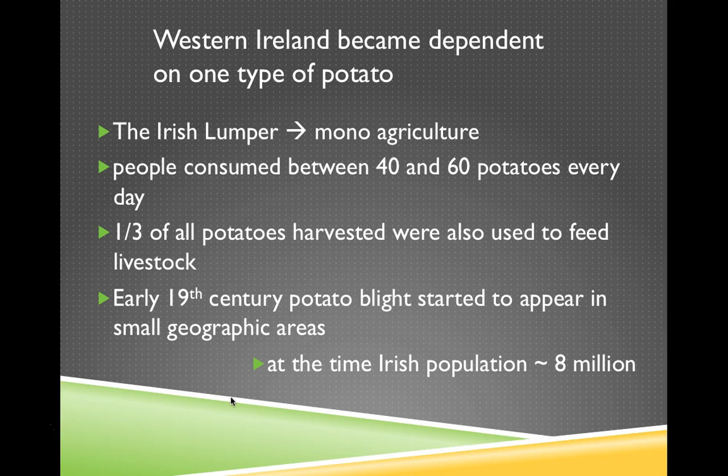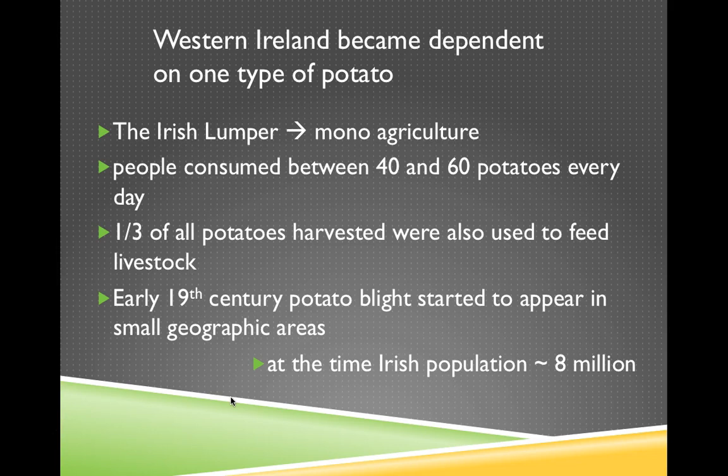Early in the 19th century, potato blight started to appear in small geographic areas in both Europe and areas in Great Britain, which would include Ireland, England, Scotland, Wales, wherever the potatoes were being grown.